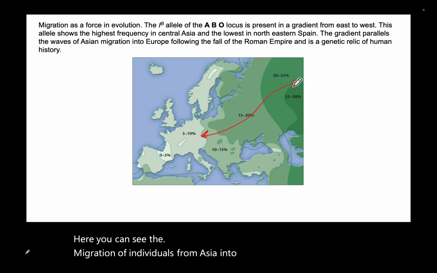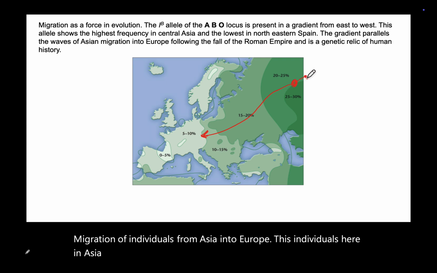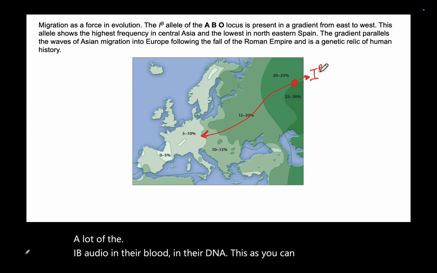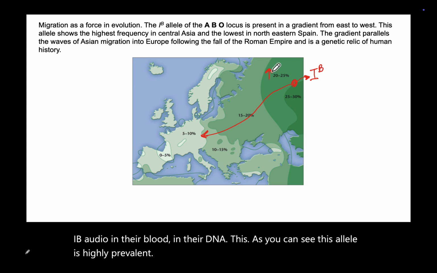These individuals here in Asia carried with them a lot of the IB allele in their DNA. As you can see, this allele is highly prevalent here in Asia.